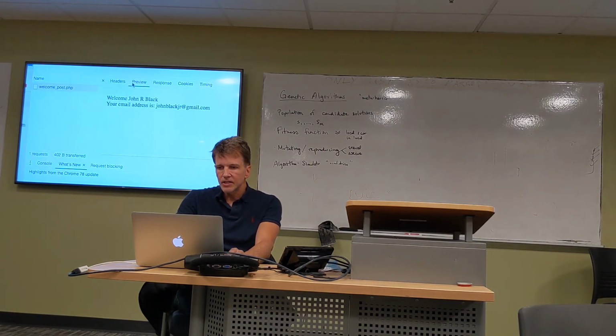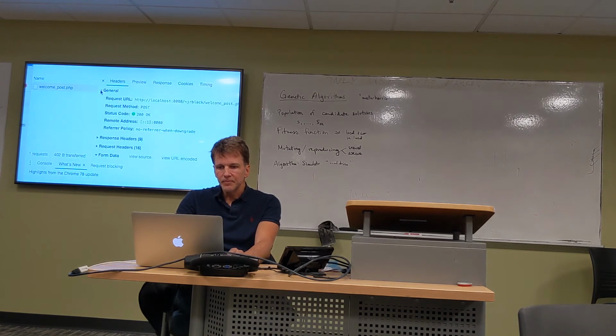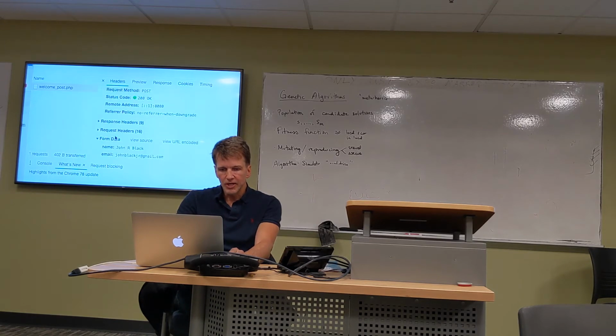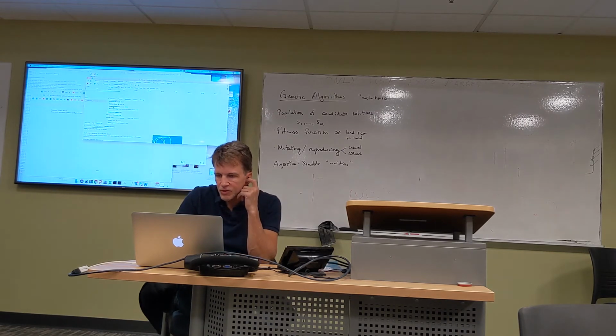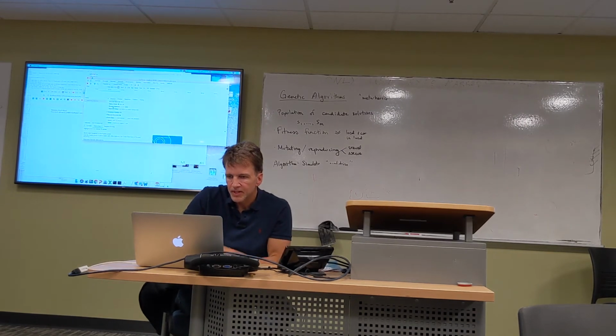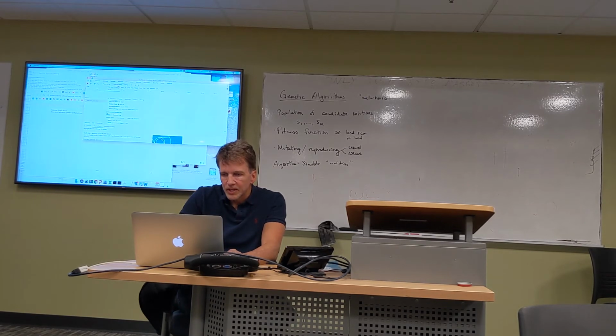So this is the form data that was just submitted. I wanted to see it raw. Is there a way to see it raw instead of formatted? View source. No, that'll, I think, view the source of what's come back. All right. Well, these are the request headers.